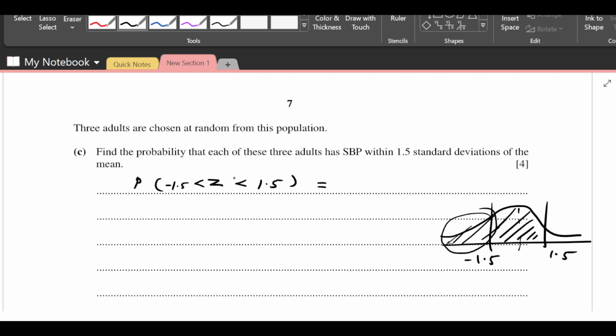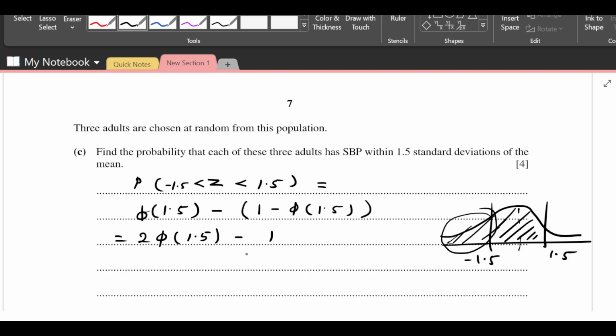So this is phi of 1.5 minus, that means, 1 minus phi of 1.5. So this will be equal to 2 times phi of 1.5 minus 1.